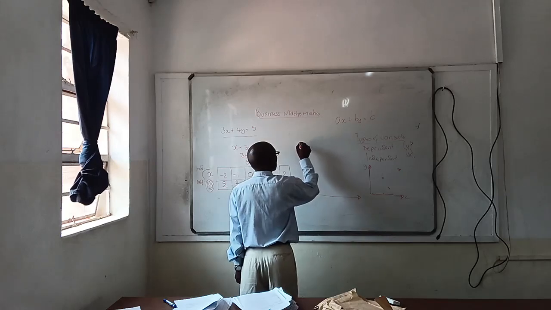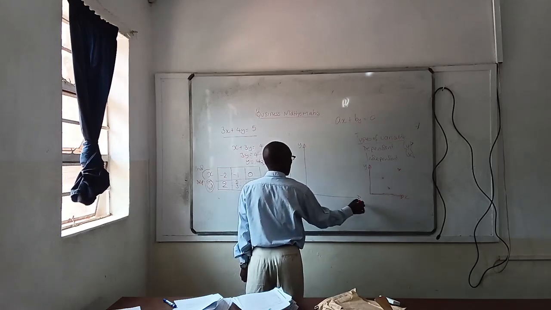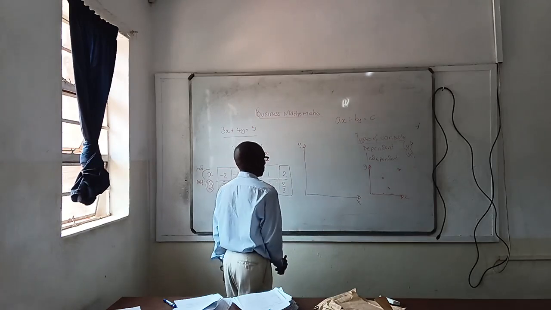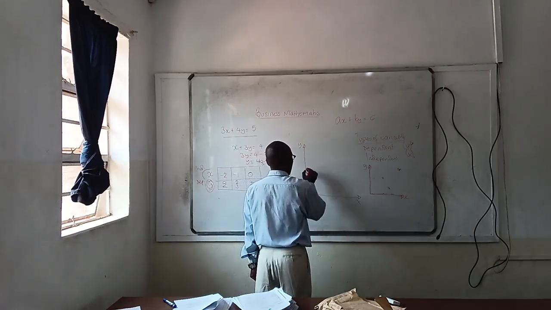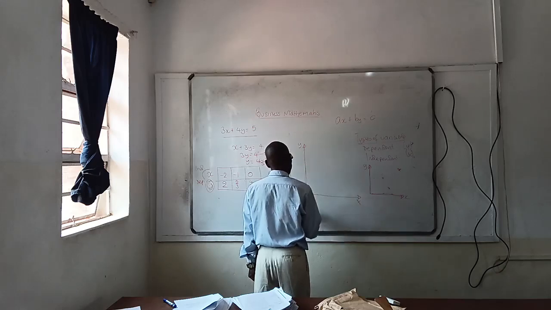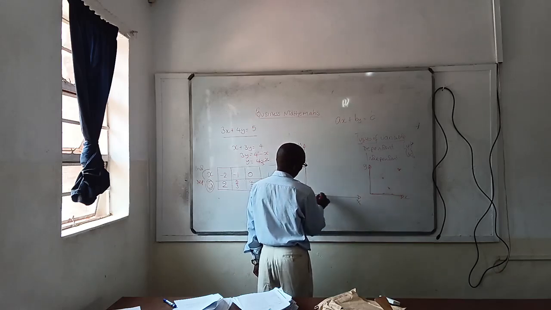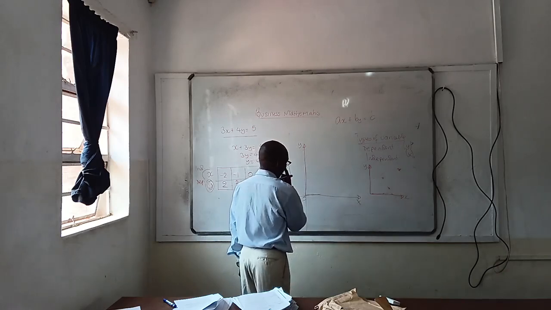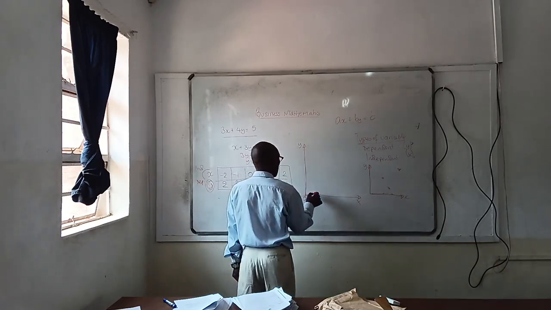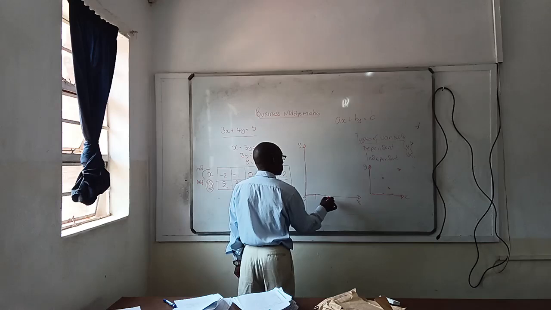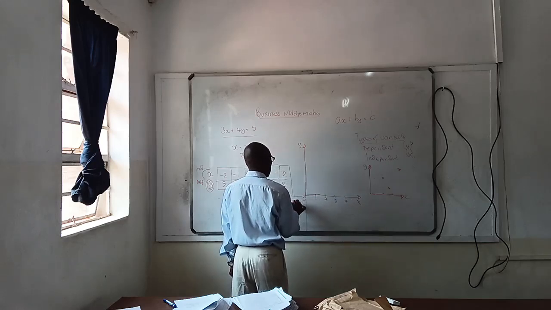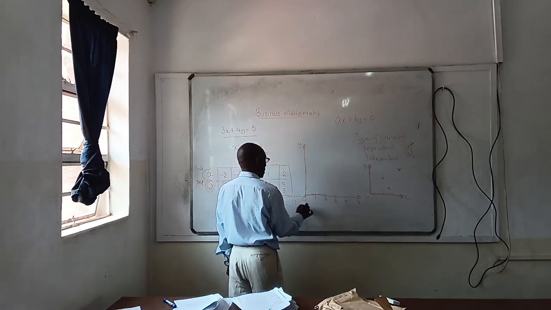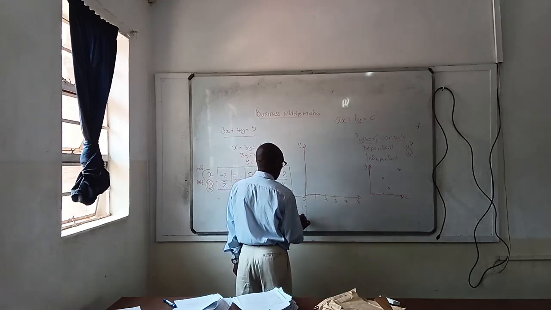X, here 0. Let's put it like this. Here 1, here 2, 3, 4. Here negative 1, negative 2.